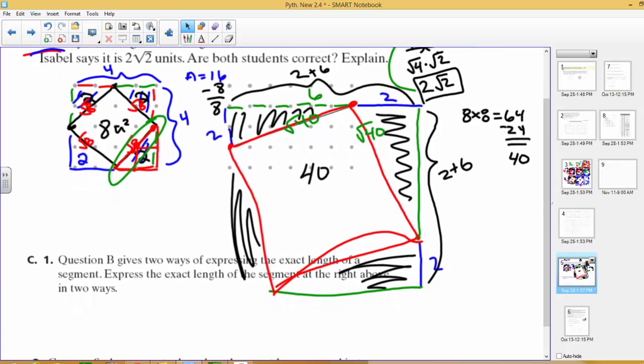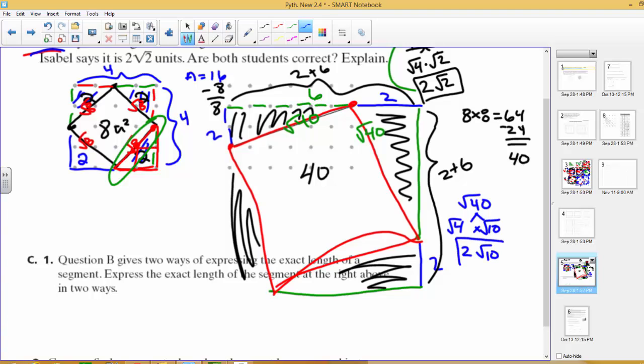And then it says, see if you can express that in 2 ways. So the square root of 40 is the same as the square root of 4 times 10. So you could express that as 2 root 10. What I actually want you to do is do this again. See how it stopped in the middle here? So we're going to look at this as a 1 by 3. See how it's 2 1 by 3s?